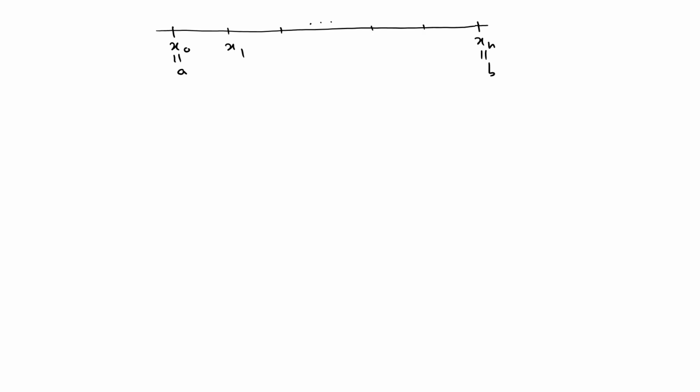So this is x1, x2, and xn minus 1, xn. The gap of each subinterval is delta x, which is b minus a divided by n, and each node you can calculate as a plus i times delta x. So those are the formulas.